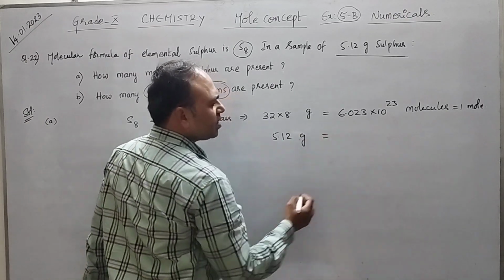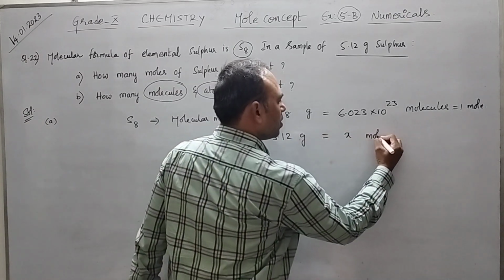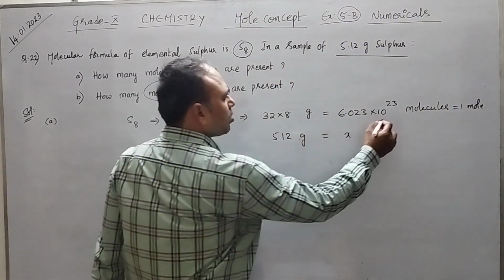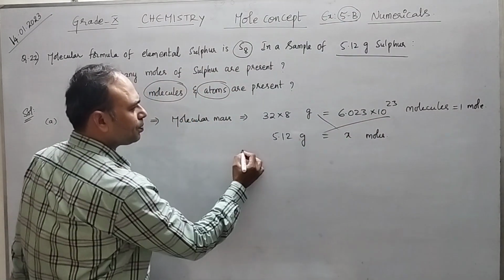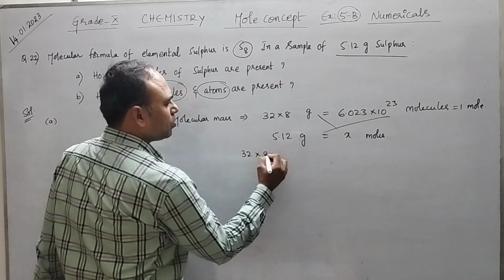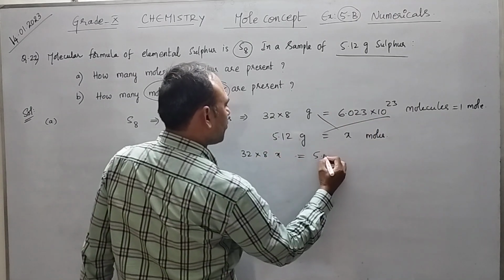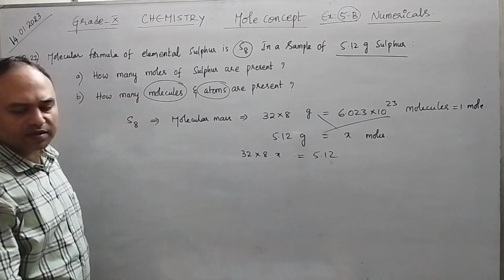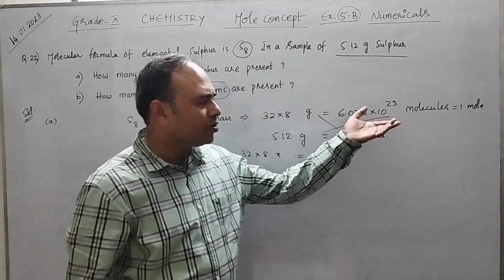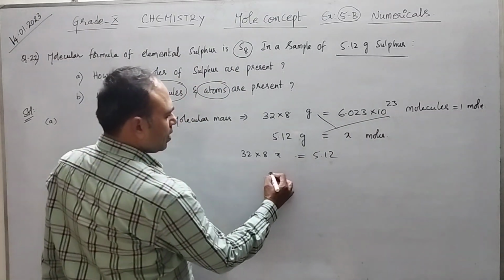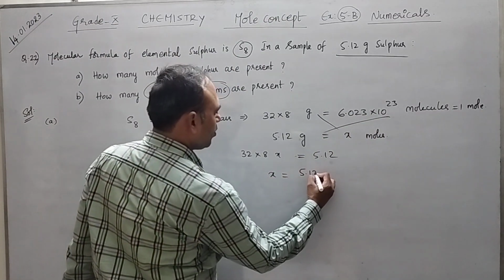5.12 grams is equal to, they are asking in terms of mole, so let us calculate in terms of mole x. On cross multiplication, what we get? 32 into 8x is equivalent to 5.12. Hope you have understood this. If you don't want to write molecules, you can ignore this and write only 1 mole. Therefore x is equal to 5.12.